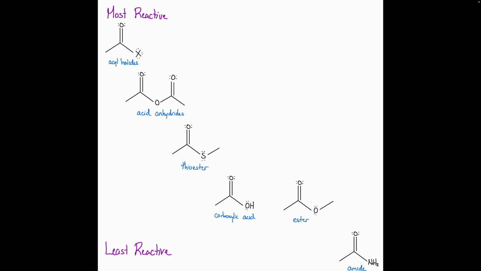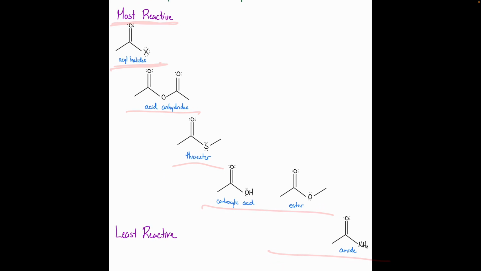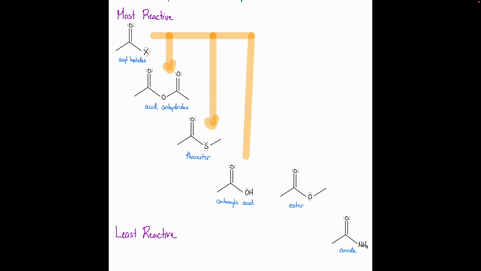All right. What we've done is we've taken these carboxylic acid derivatives and we've ranked them from most reactive to least reactive. All right, again, what it means to be most reactive is that we can convert from, let's say, our acyl halide into any of these less reactive carboxylic acid derivatives fairly easily.